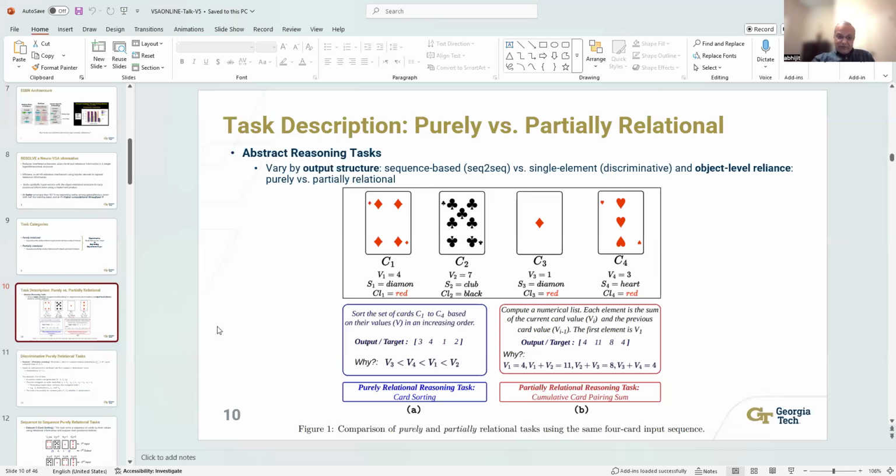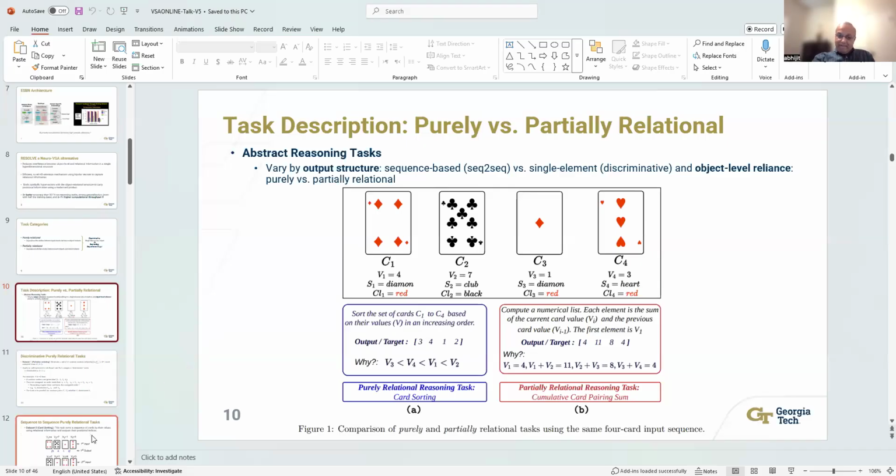If I give you certain examples of sets of 4 cards along with the output target, then for an arbitrary set of 4 cards, can you tell me what the output target should be? The system doesn't know the rule. It has to figure that out from the examples that it's fed.